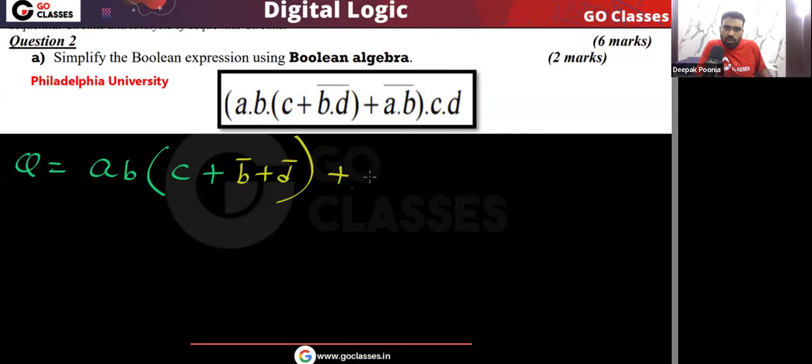And this AB whole bar, I can write as A bar or B bar. So actually it is like this.